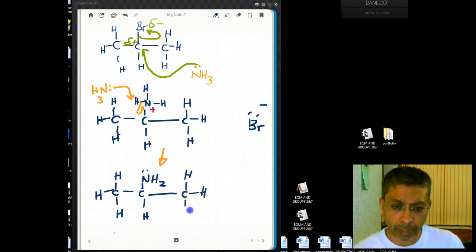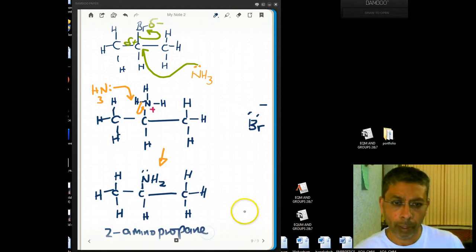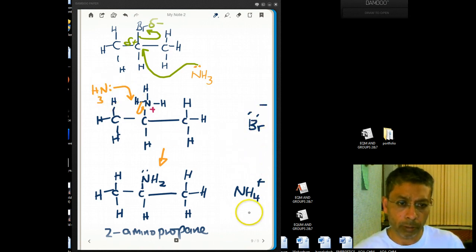Okay, can you name the amine? 3 carbons. Second carbon has the amine group, so 2-amino propane. Okay, and the NH4 plus, that's that one here, becomes NH4 plus, and you've got bromide ions.